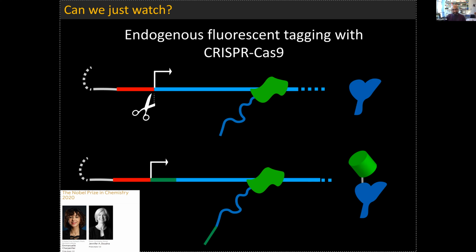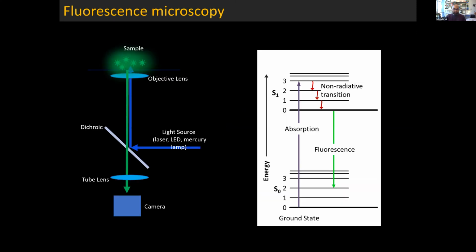Then we put this genome-edited embryo or cells under a microscope, and I'm going to very briefly introduce fluorescence microscopy here. The basic idea is you send your light source in, it bounces off a mirror, goes into the objective of your microscope and excites fluorescent molecules within your sample.